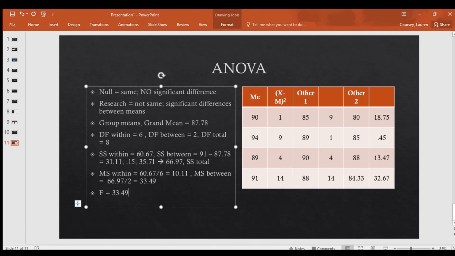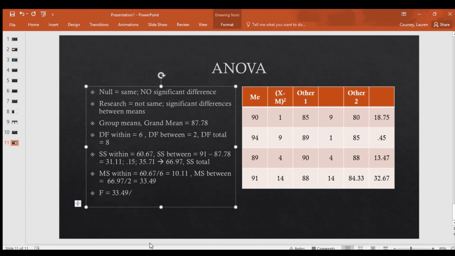Just like we did before, for our final test statistic here, our F test, just like with our t-test, we have a ratio of variation between groups to variation within groups, because what we want to say is that these groups are varying more between groups than scores are varying within each group.